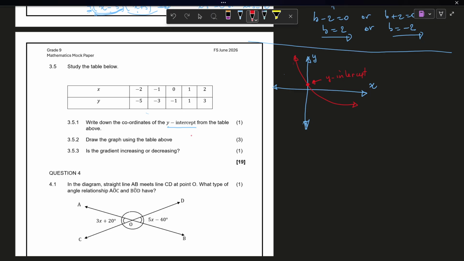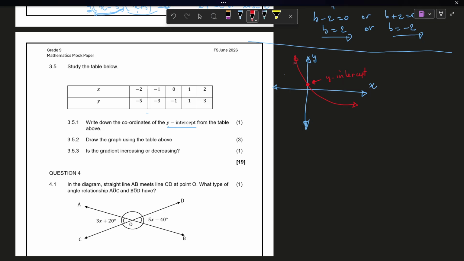Now, when something meets y, what will the coordinates of this point be? It should be easy to guess.